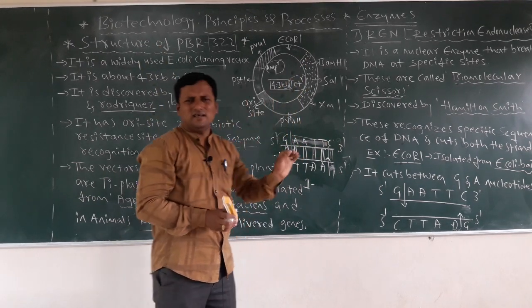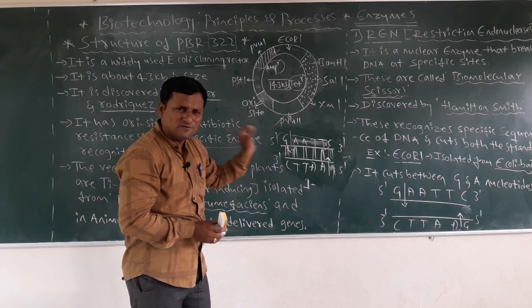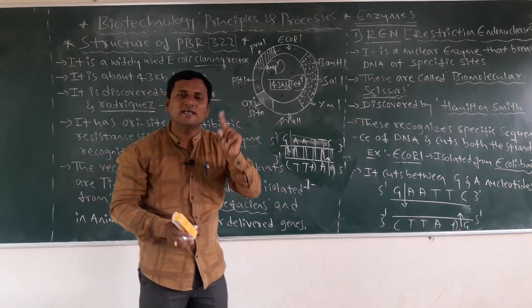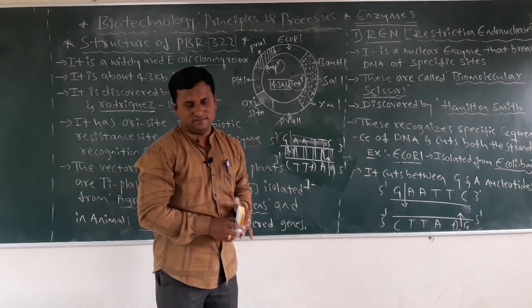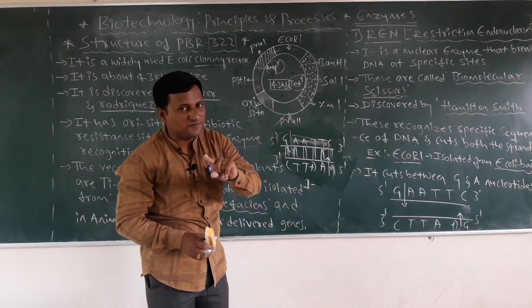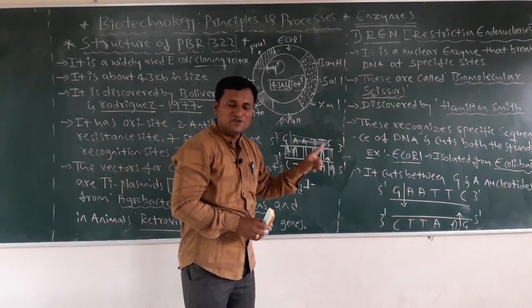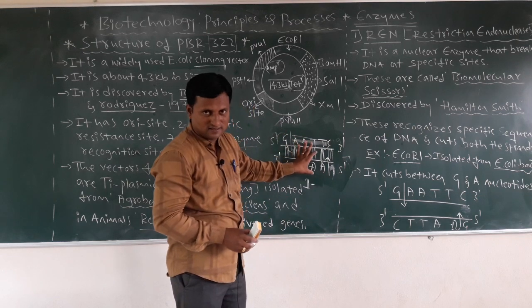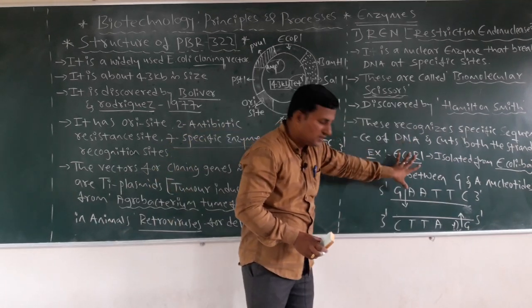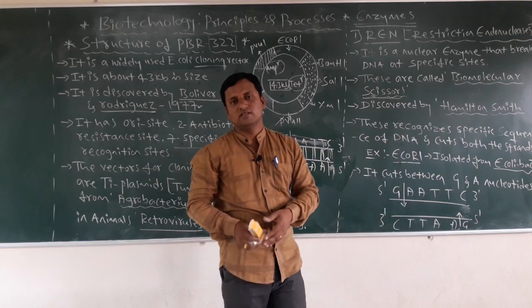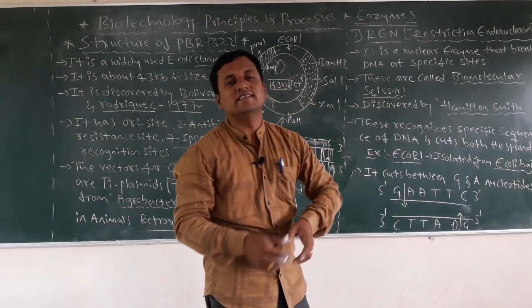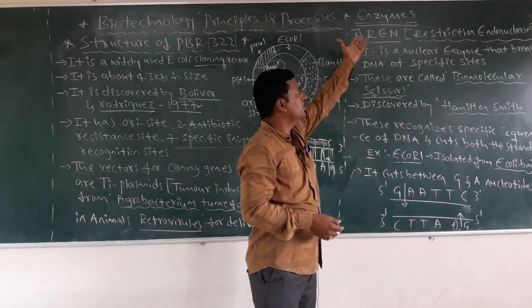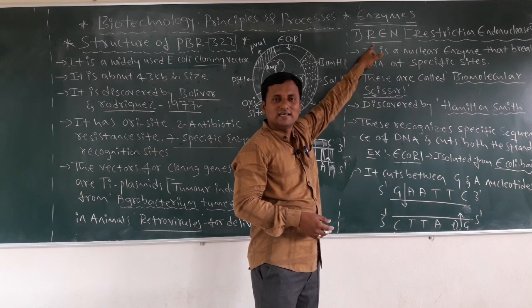Here you only get the information about where EcoR1 cuts. EcoR1 cuts between G and A nucleotides, like this. So this is another important concept about genetic engineering tools. The first one is the REN enzyme.